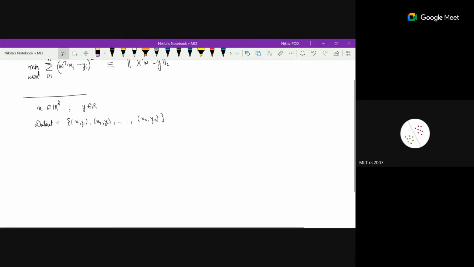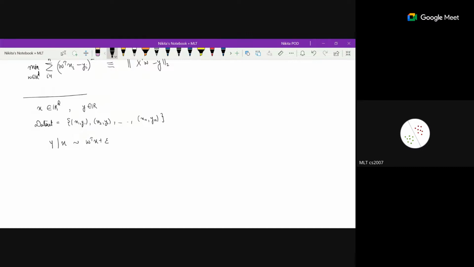So what we have assumed is that my labels are generated using this distribution: Y given X is W transpose X plus epsilon.